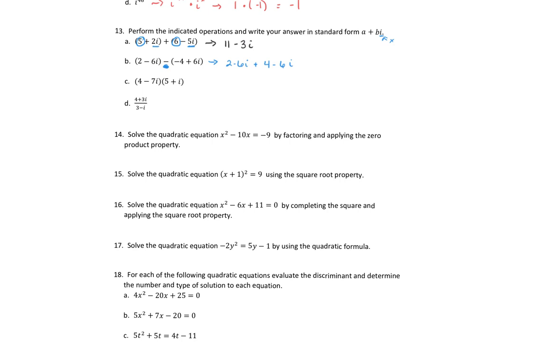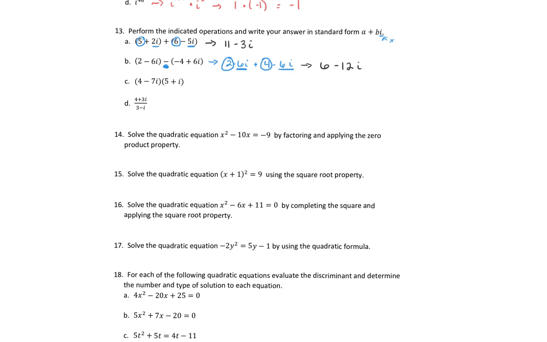So now from here we can see that there's 2 terms with i's and 2 numbers that are constant, and that will give us an answer of 2 plus 4, which is 6, and then -6i minus 6i will give you -12i. And again, that's in the form a plus bi.